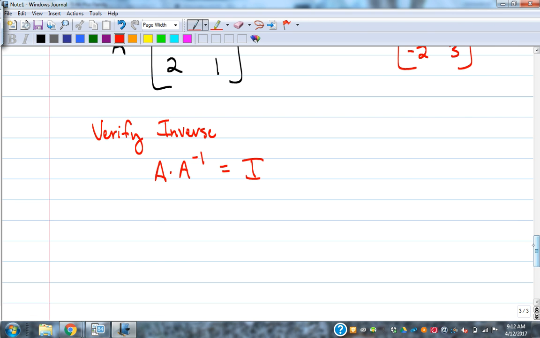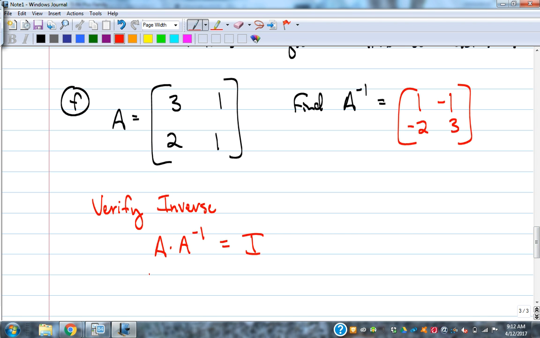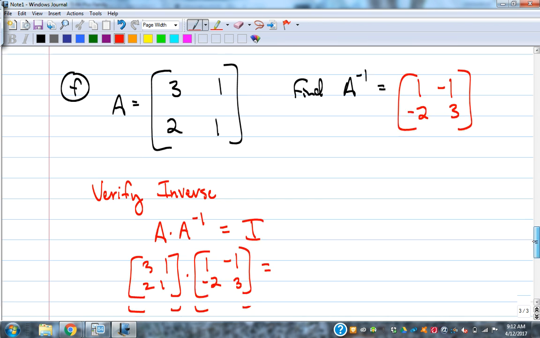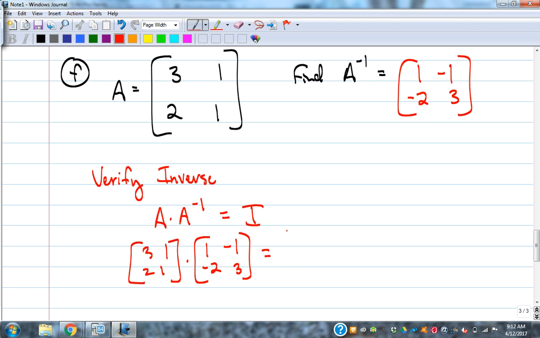So if I say 3, 1, 2, 1 times that inverse, 1, -1, -2, 3, when I multiply those two together, I get the identity matrix. Remember the ones and zeros that we get with our REF on the left side of the augmented matrix? That's an identity matrix.